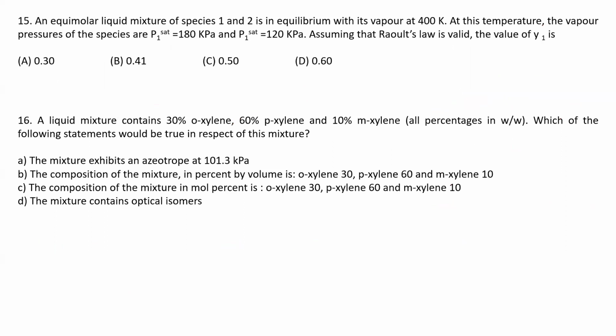Next: an equimolar liquid mixture of species 1 and 2 is in equilibrium with its vapor at 400 Kelvin. So X and T we know here.